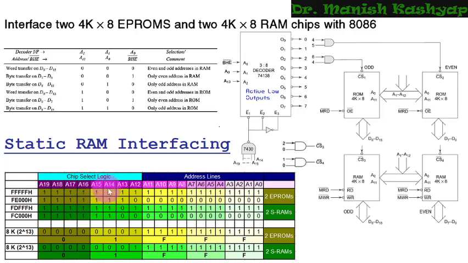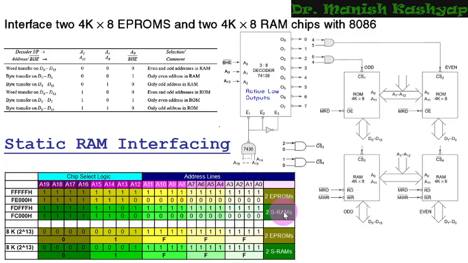So A14 to A19 is clear to us. Now A13 is 1 for ROM chips and it is 0 for RAM chips. So we have these two facts. First, A14 to A19 remains 1, whether it is a RAM or a ROM. And A13 is 1 for a ROM and it is 0 for a RAM. So these are the two facts that we have got, right?